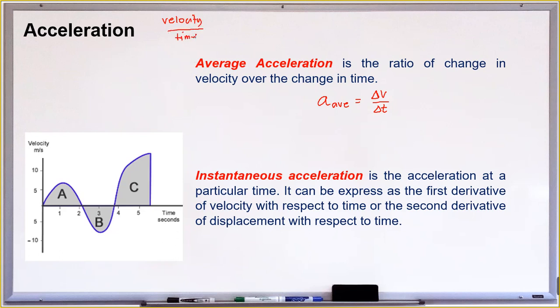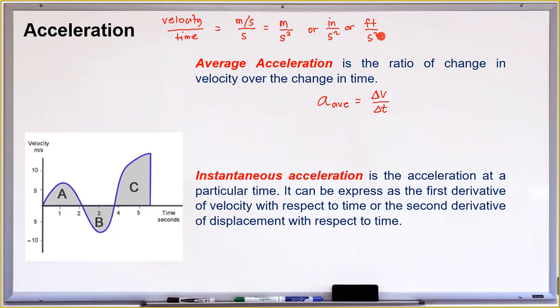Unit analysis: velocity is meter per second, for example, and time is second. Therefore, acceleration is length per time squared, or you can have inch per second squared or feet per second squared. These are the expected dimensions for acceleration.